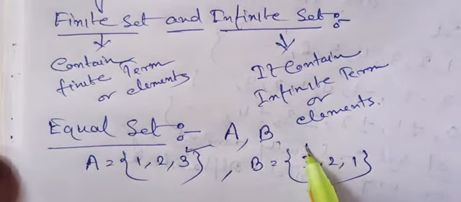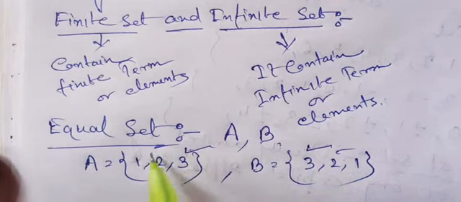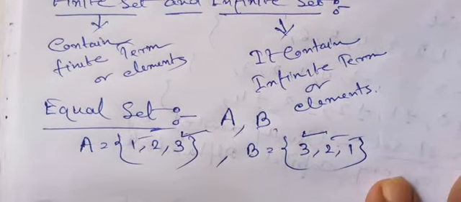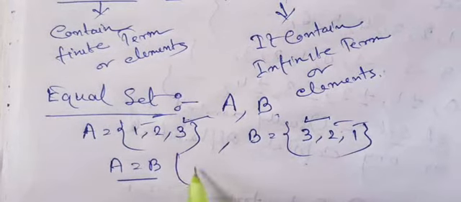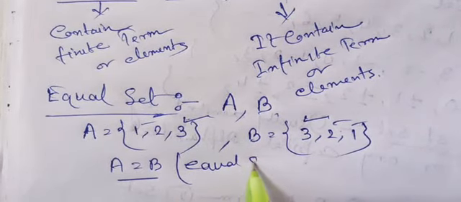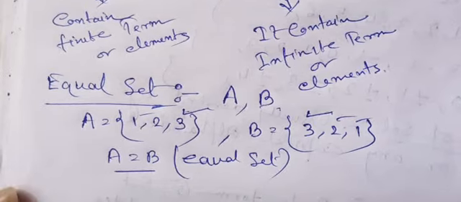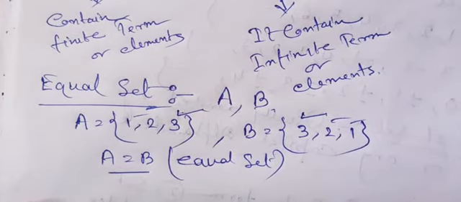Each element matches, so this is called equal sets. So we can say A equals B.